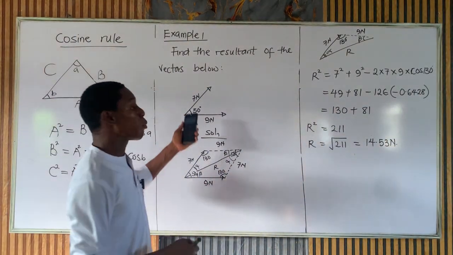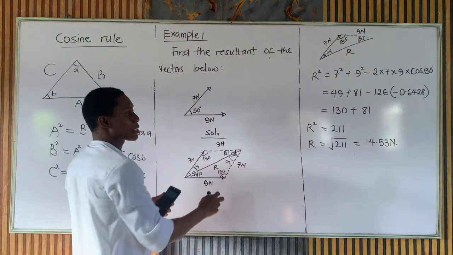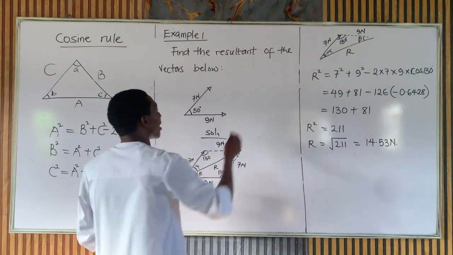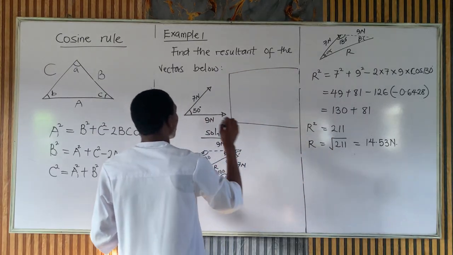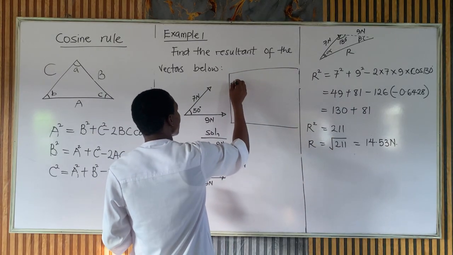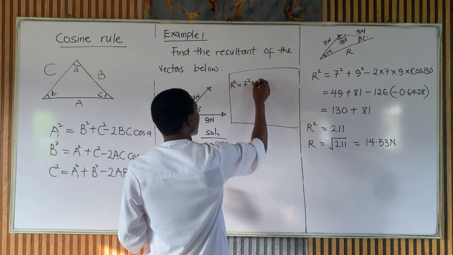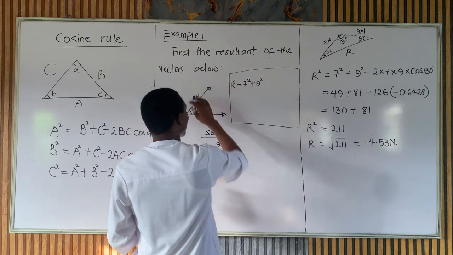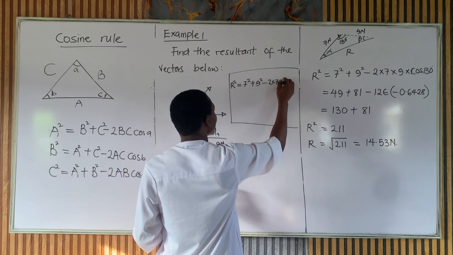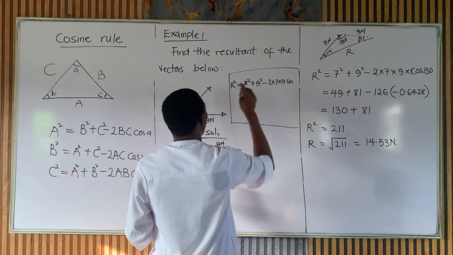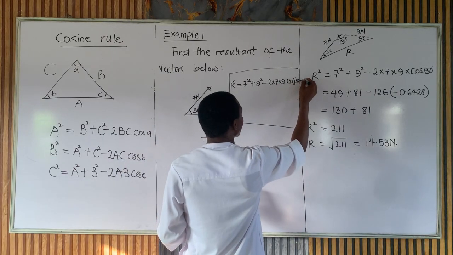Well, if this question was to be an OBJ question, I don't need to go through this process. In order to be fast, how do I solve this question? I'll just simply say r squared is equal to 7 squared plus 9 squared minus 2 times 7 times 9 cos, and I will say 180 minus 50.